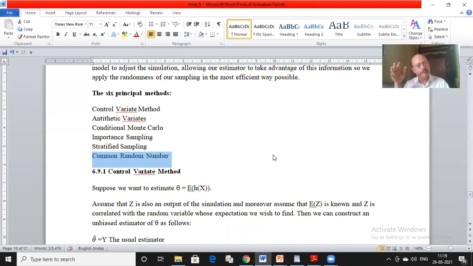If the algorithm is of such a nature, then a very common and very time-saving strategy is to generate one set of random numbers in the beginning, outside the loop, store them, and then in each run inside the loop, use the same set of random numbers. So that method is called the common random number method.